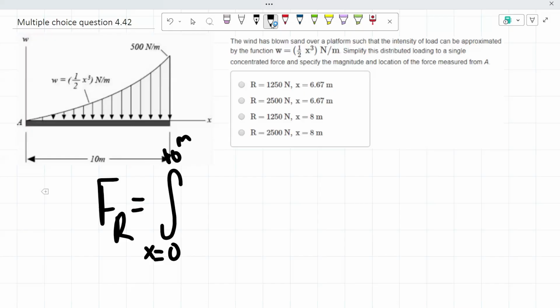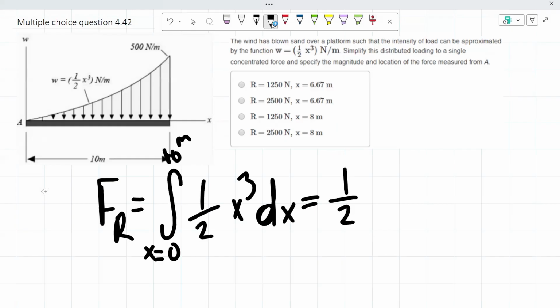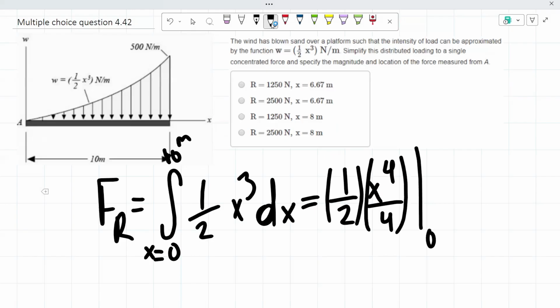And it's given to us that the weight can be approximated by the function 1/2 x^3 dx. So from here, we'll just solve the integral equation. We would get 1/2 x^4 over 4 from 0 meters to 10 meters.